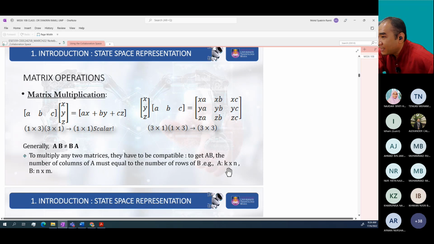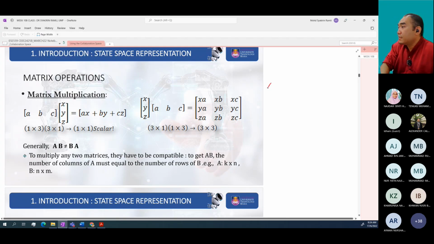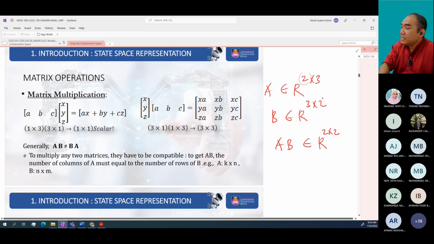N tu kena samalah. Kalau katakan kita ada matrix A, dimensionnya adalah 2 kali 3. Jadi kita boleh darabkan dengan katakan matrix B adalah 3 kali 2. Kita nak buat operation A darabkan dengan B, maka kita akan dapatlah dia punya dimension dia akan jadi 2 kali 2 kan. Sebabnya ini adalah 2 dan ini adalah 2.